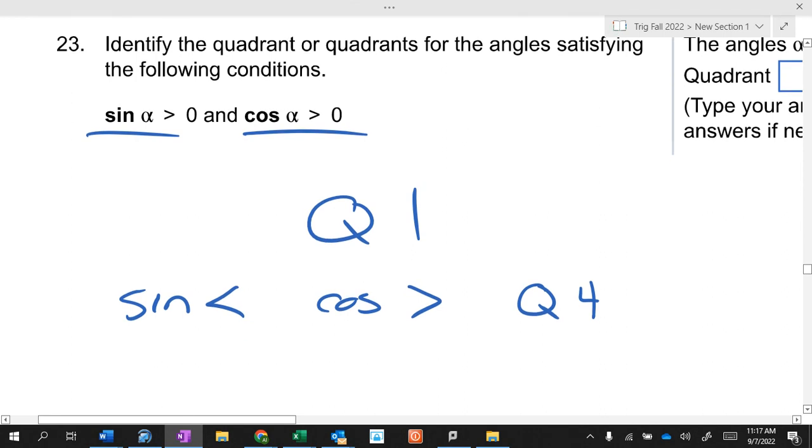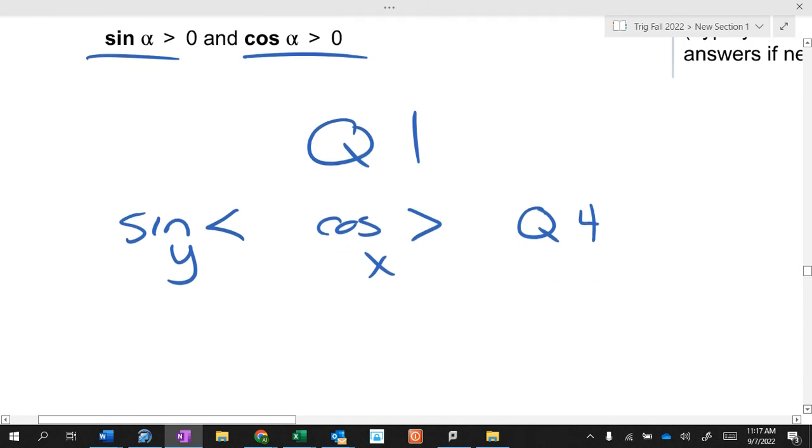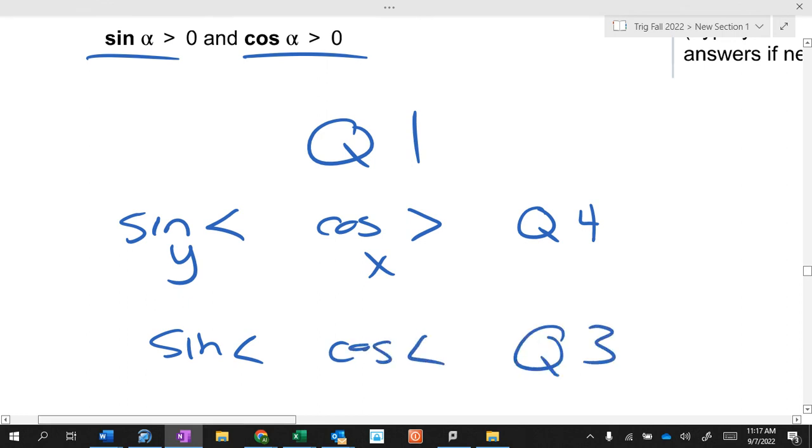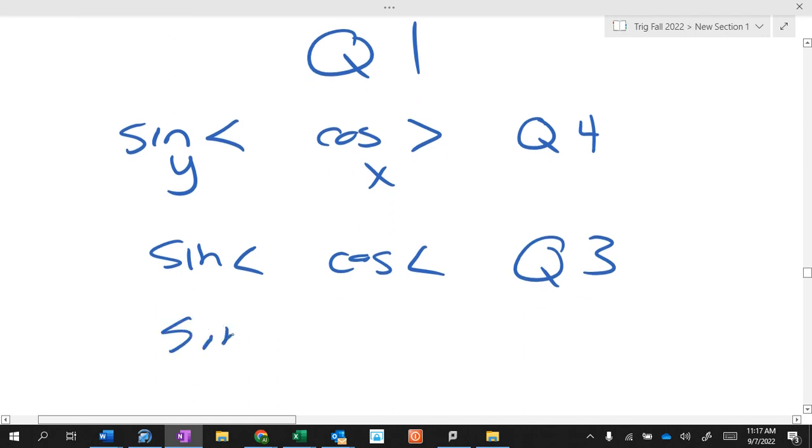How do you look at it? Well, when the y's are negative and the x's are positive, that's what quadrant you're in. Okay, quadrant 4. How about when the sine is negative and the cosine is negative? What quadrant are you in? 3. So in quadrant 2, the sine is positive and the cosine is negative.